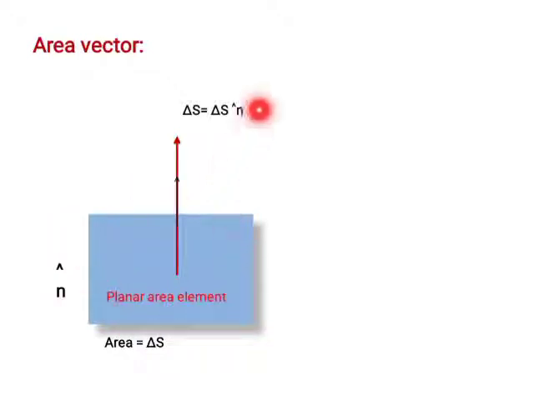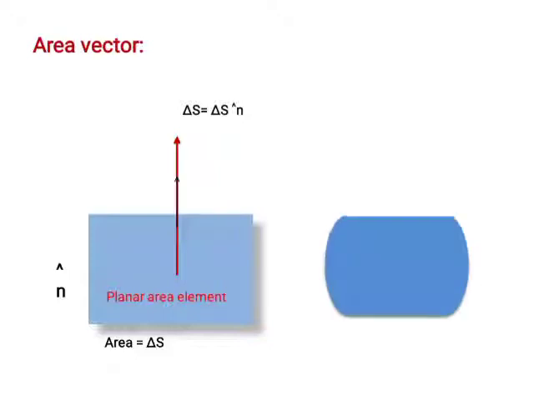Why do we multiply with this n cap? N cap is a normal and a unit vector, its value is of course 1, but when we multiply it with the particular area or surface, it shows the direction of the surface. It may be a sphere, a curved surface, or any irregular lamina.